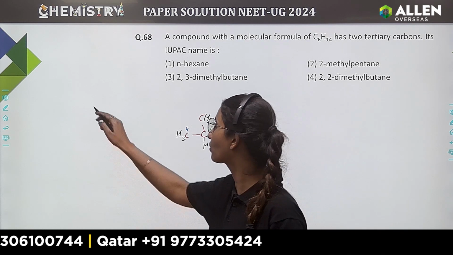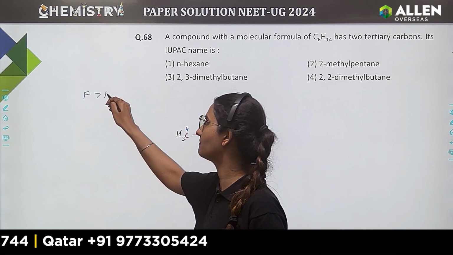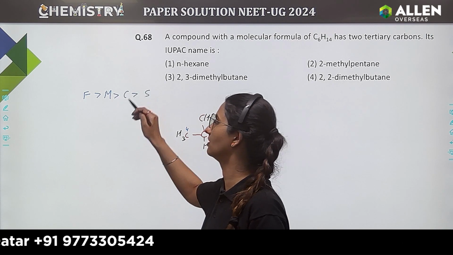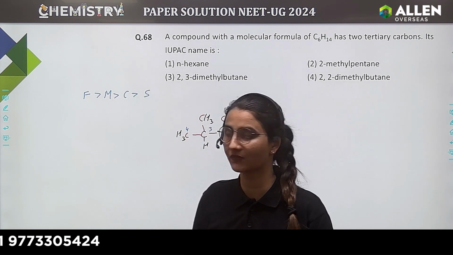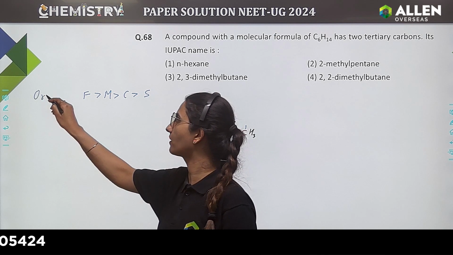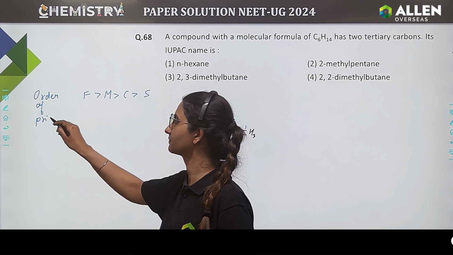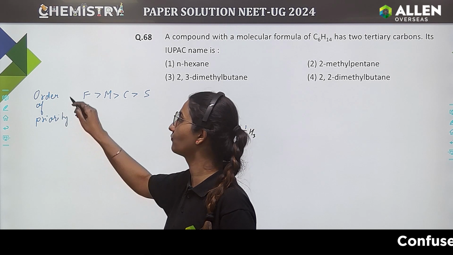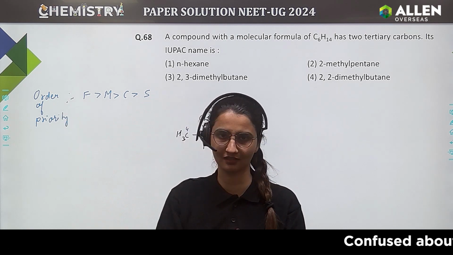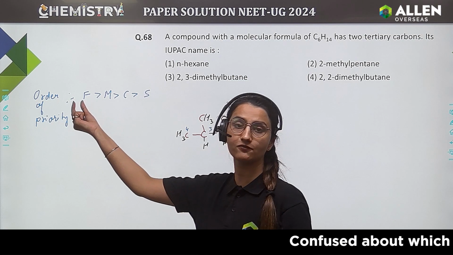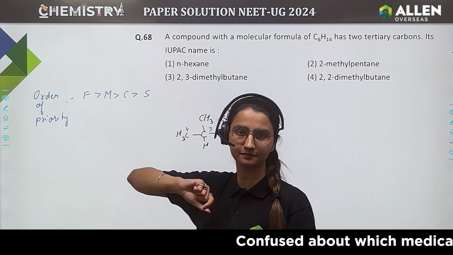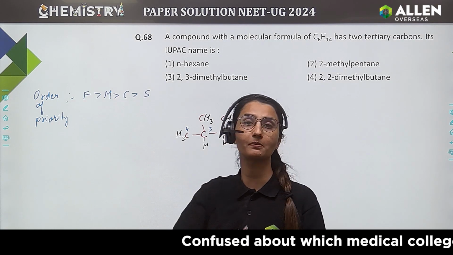We know now how we do numbering. We do numbering according to, students, the FMCS rule. What is it? It means the order of priority is this, for numbering and for selecting the chain. First priority is for F, which stands for functional group. M stands for multiple bonds.